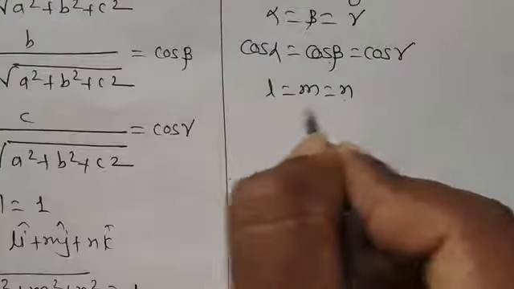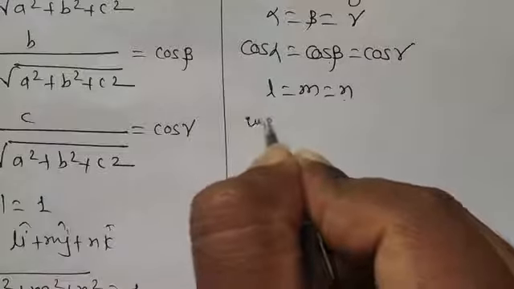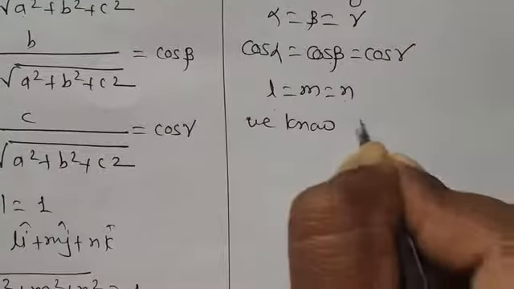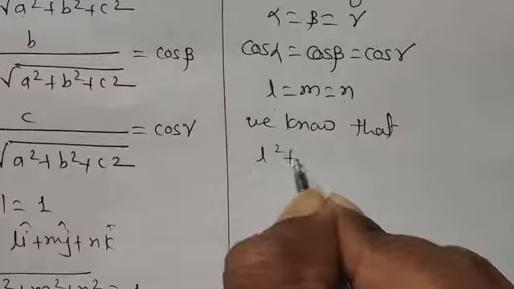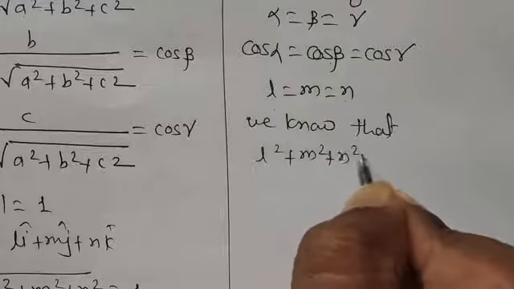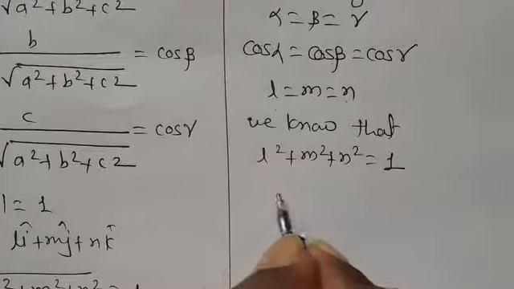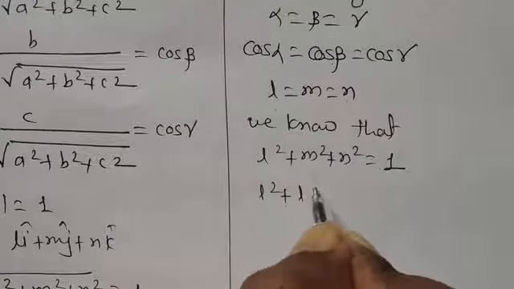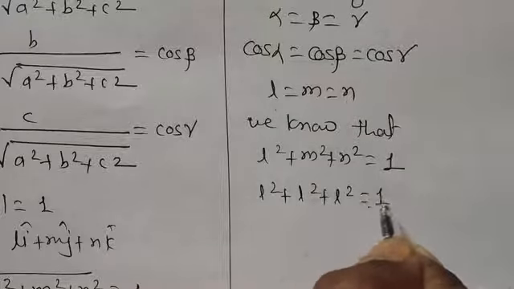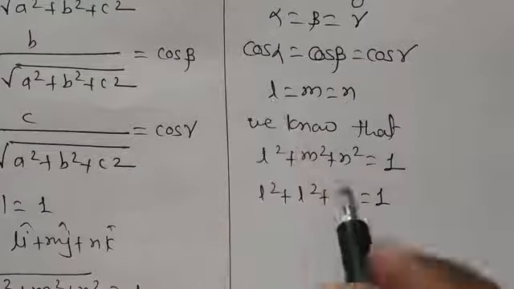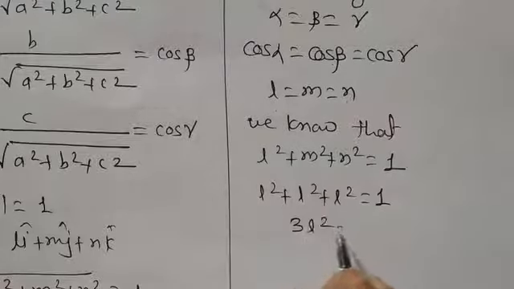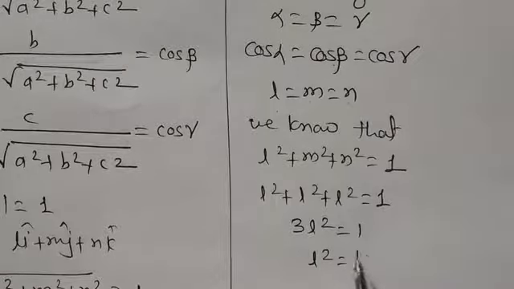Now as we know, the relation between direction cosines is L square plus M square plus N square is equals to 1. That is L square plus L square plus L square is equals to 1, because M and N are equals to L. So I can just put 3L square is equals to 1. That is L square is equals to 1 by 3.